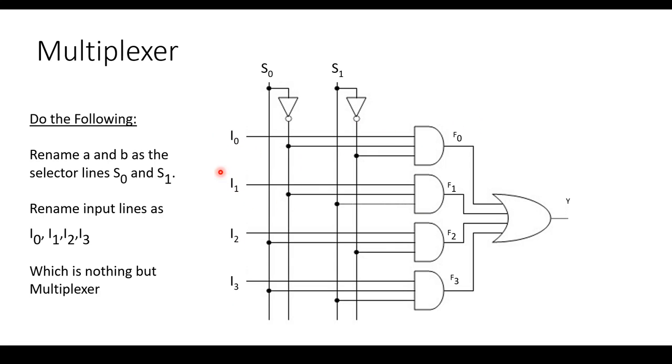These are the separate input lines which have been connected. When you connect the output lines, after the AND gates you get the outputs F0, F1, F2 and F3. These output lines are connected to an OR gate, and the OR gate produces only one output. So this is what the multiplexer looks like.